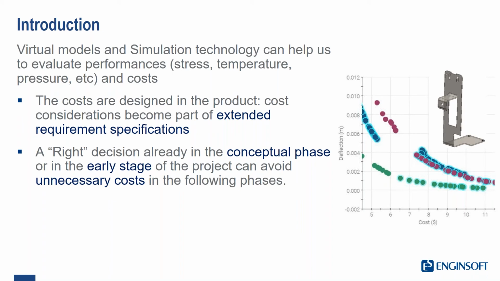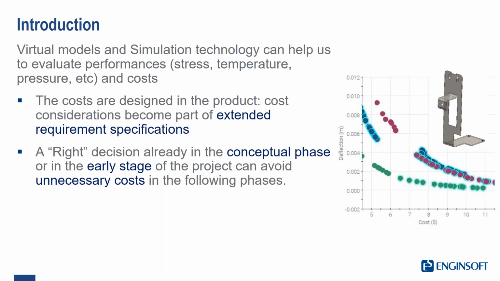By making the right design decisions already during the conceptual phase, or anyway in the early stage of the project, it is possible to avoid unnecessary costs in the following phases. By unnecessary costs, I don't mean only the reduction of cost due to reduction of weight or a different manufacturing process, but also unnecessary cost due to iterative manual redesign caused by a wrong initial decision.